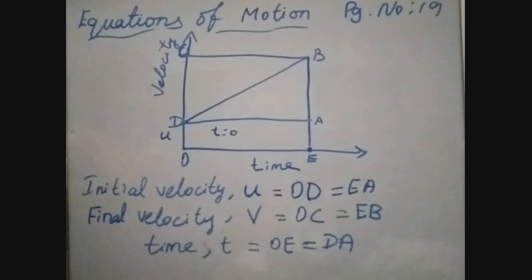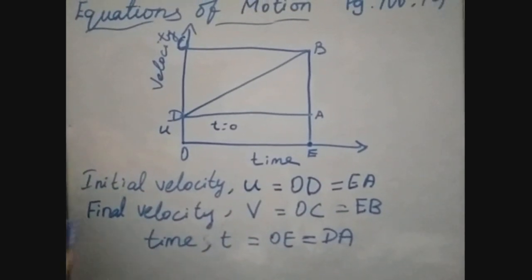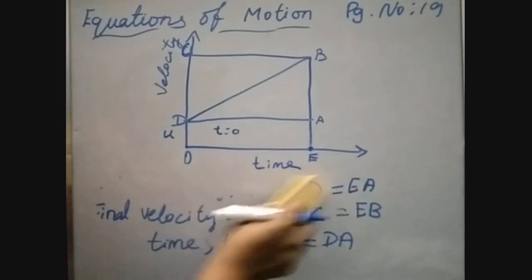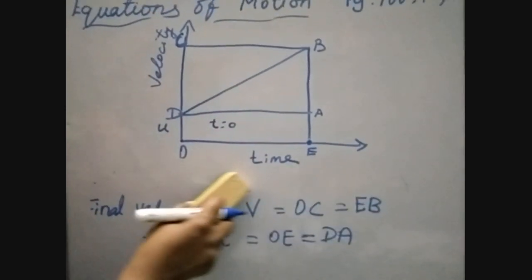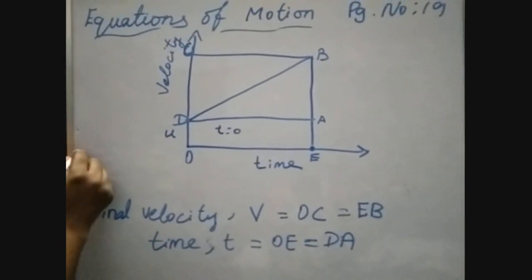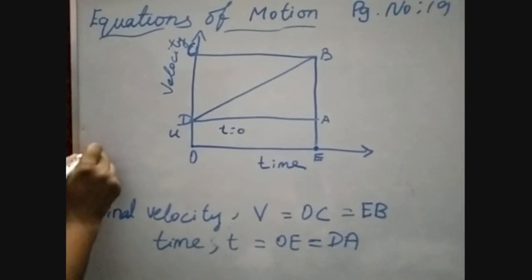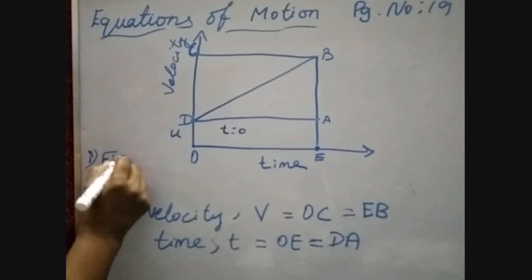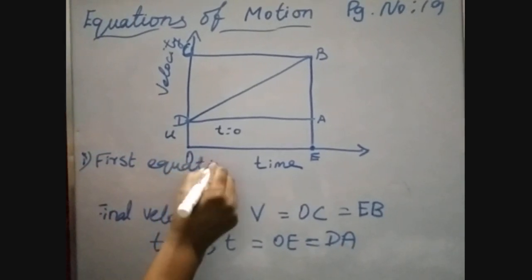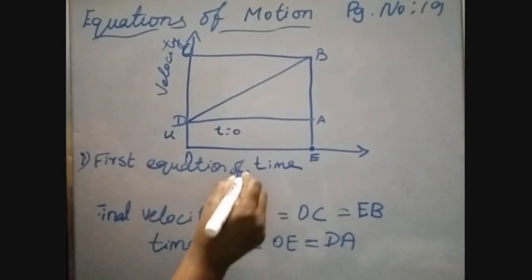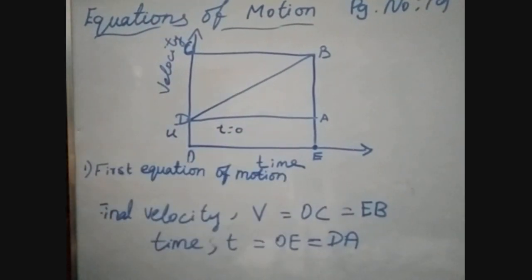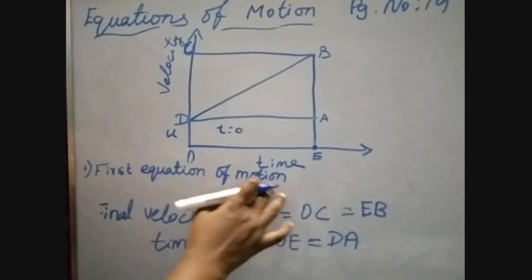Now, we are going to derive the first equation of motion. We have three equations. This one is the first equation of motion.